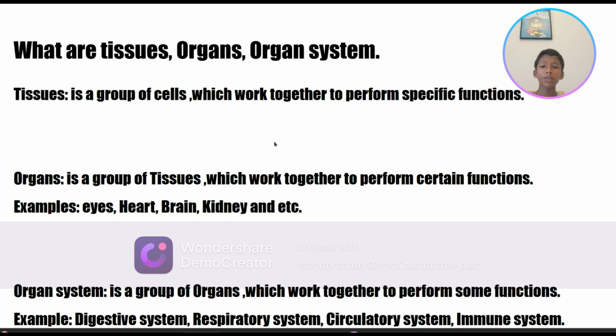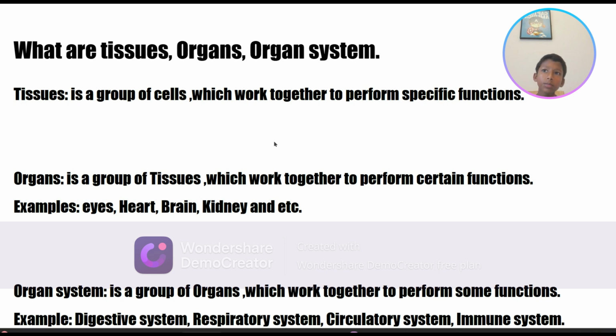What are tissues, organs, and organ systems? A tissue is a group of cells which work together to perform specific functions. An organ is a group of tissues which work together to perform certain functions. For example, there are eyes, heart, brain, kidneys, and so on. There is also the liver.